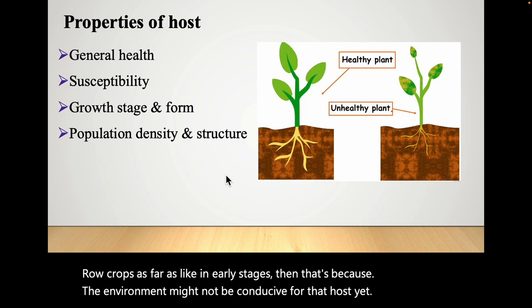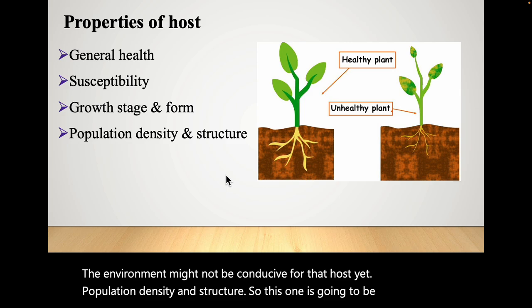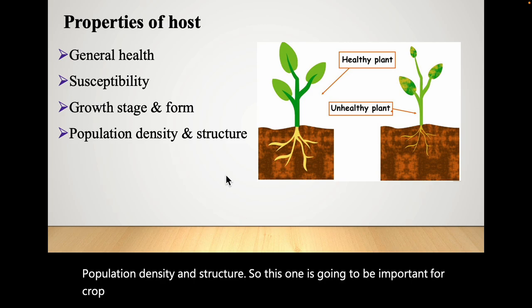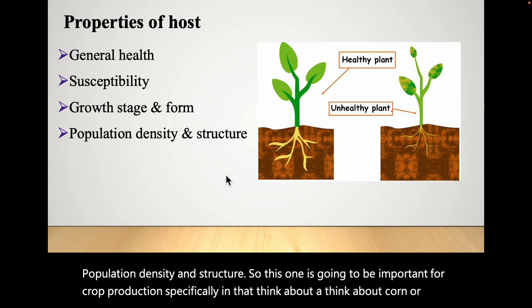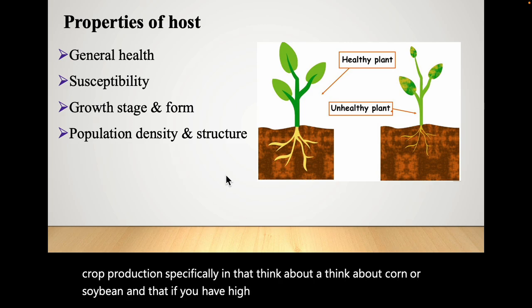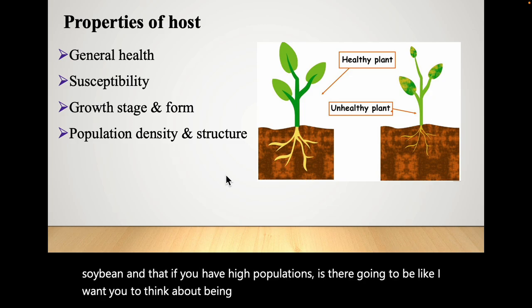Population density and structure. This one is going to be important for crop production specifically. Think about corn or soybean, and if you have high populations, I want you to think about being underneath in the row of a corn plant, in a cornfield.